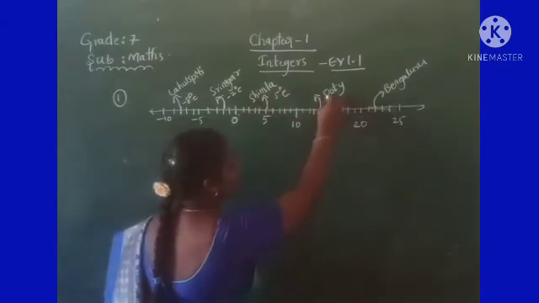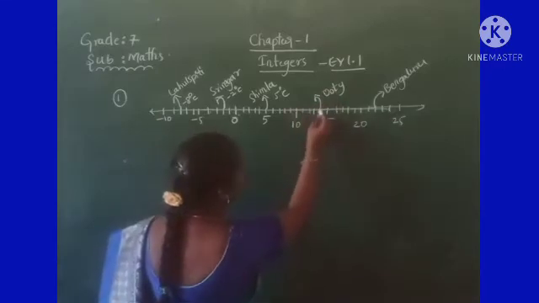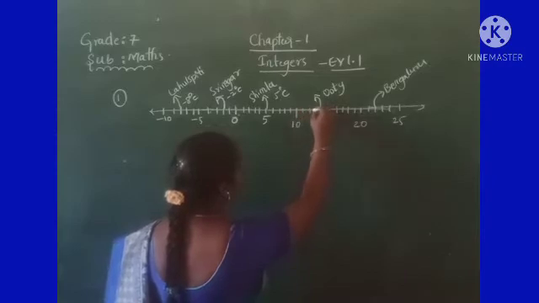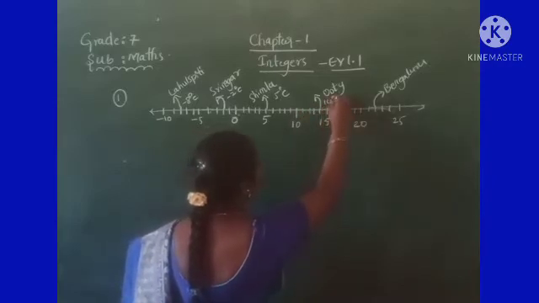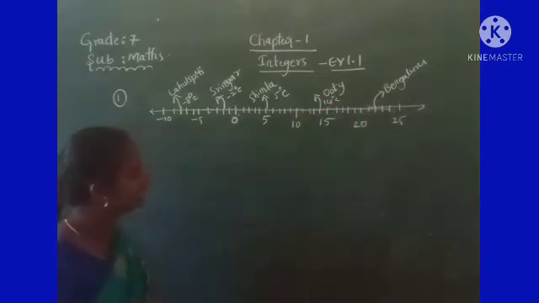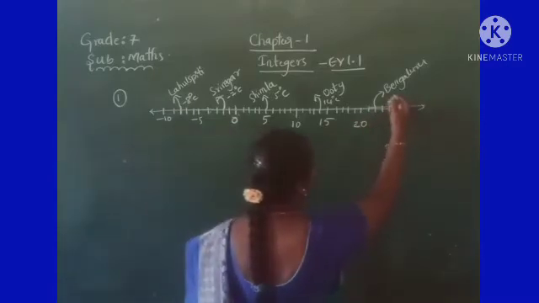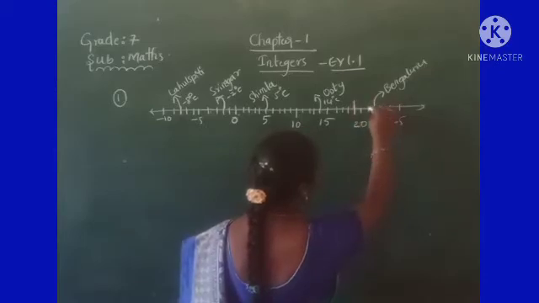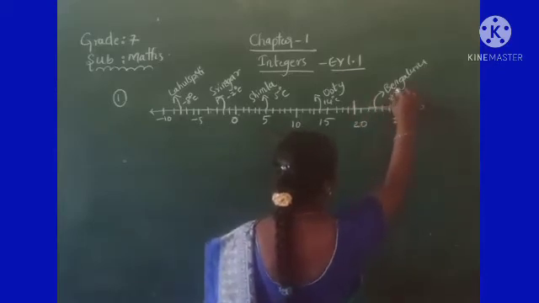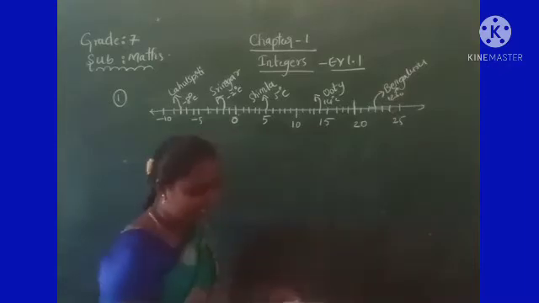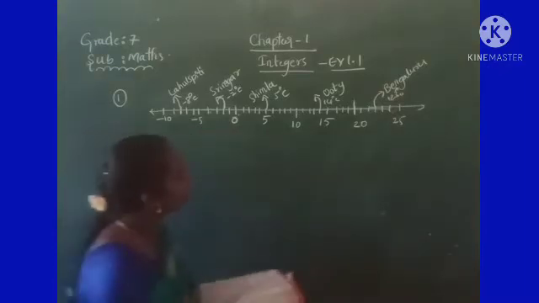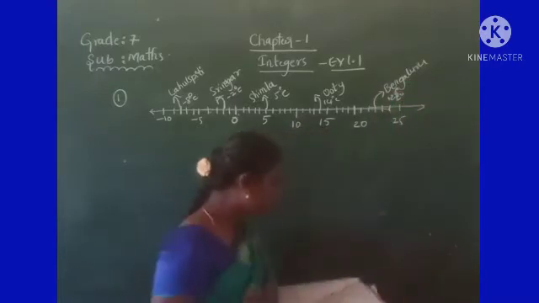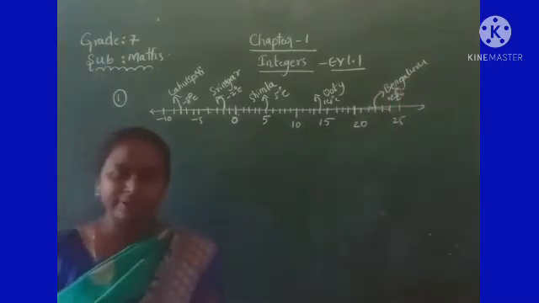And the temperature of Ooty: from 10 it is going forward, past 10, so 11, 12, 13 and 14 degrees Celsius. And the temperature of Bangalore: here 21, 22, 23. Sorry, here 22 degrees Celsius is given. That is the temperature of Bangalore.